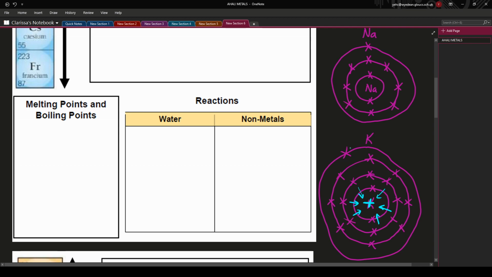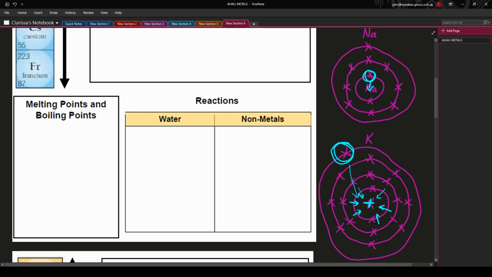But look at this little outer electron here on its own. Because it's so far away from the nucleus, because of the size of potassium, its attraction to the nucleus is not going to be as strong as this electron's attraction to the nucleus. If an electron's closer, it's going to experience a greater attraction to the nucleus than if it was on an outermost shell.